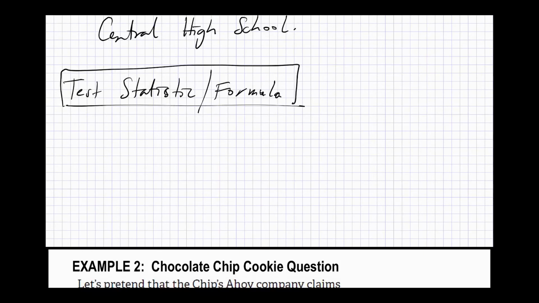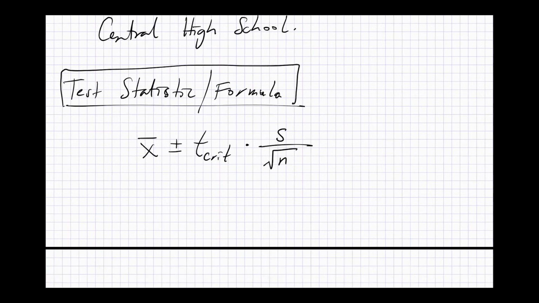So we're going to use x bar plus or minus T critical times, and the last part is on your formula sheets.